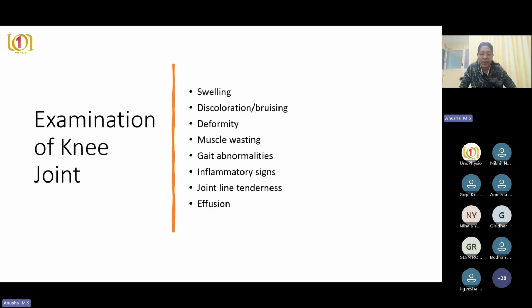And there are cases where we don't have to use this exercise at all. So again, the major use of this exercise is to flush out the suprapatellar bursal swelling, and that's what it is meant for.